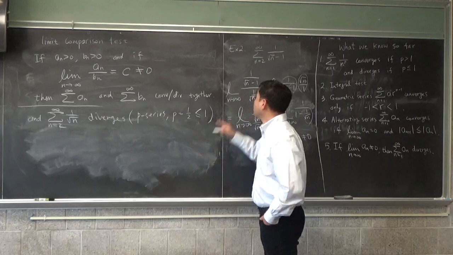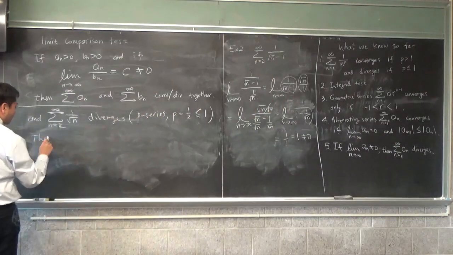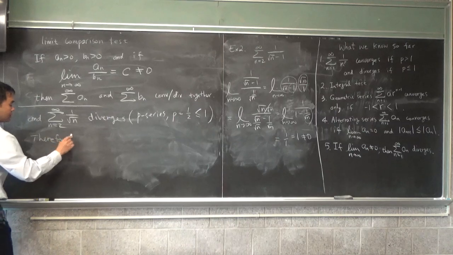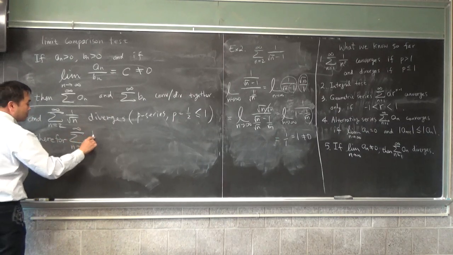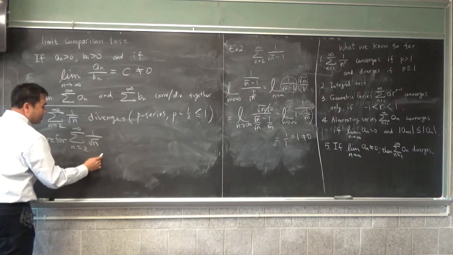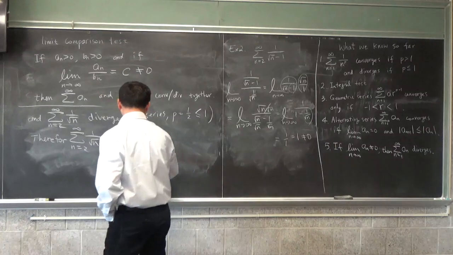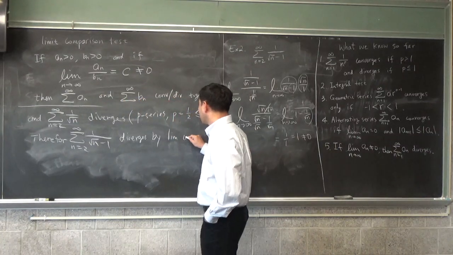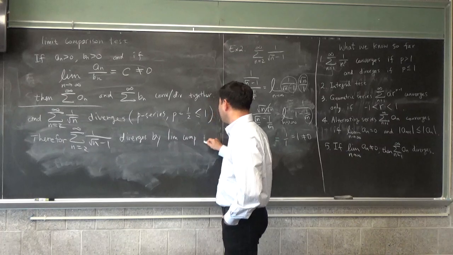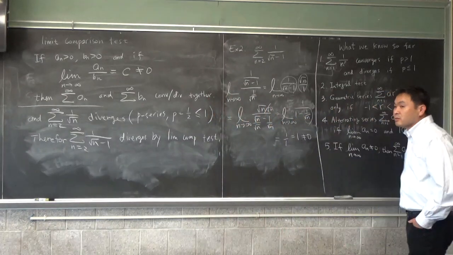And since this diverges, this must diverge. Therefore, the summation from n equals 2 to infinity of 1 over square root of n minus 1 diverges by the limit comparison test. That's the conclusion.